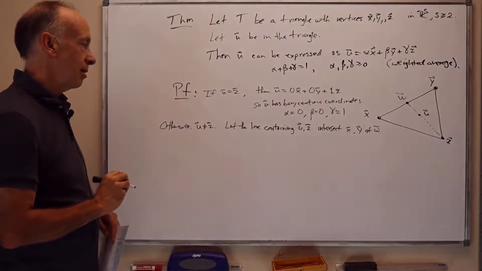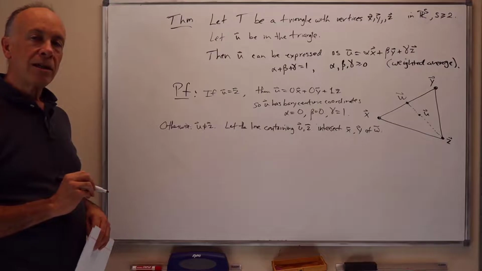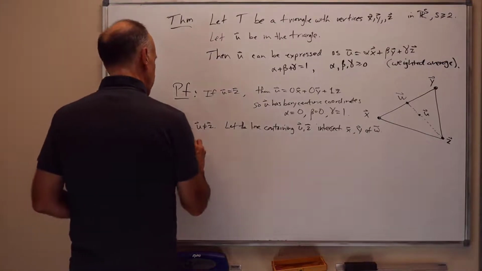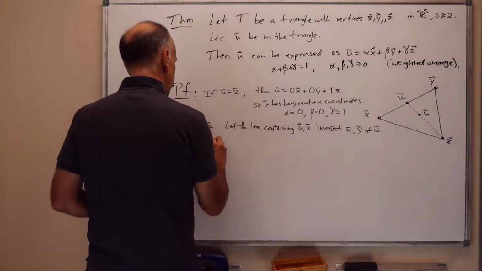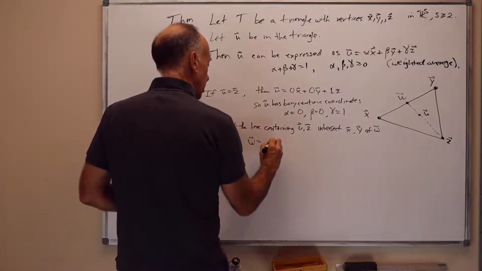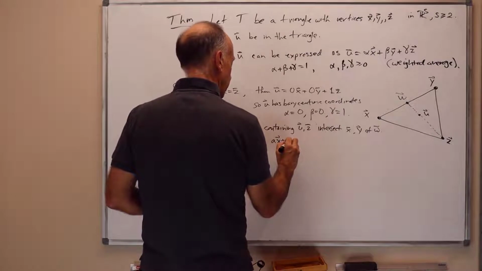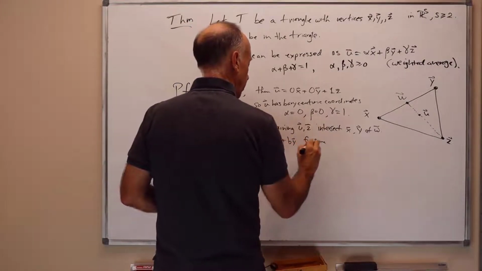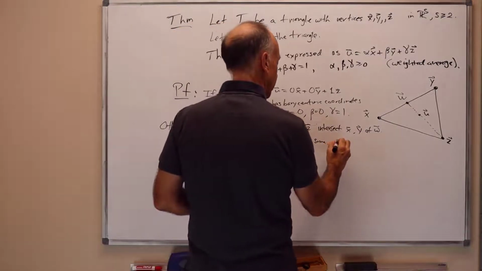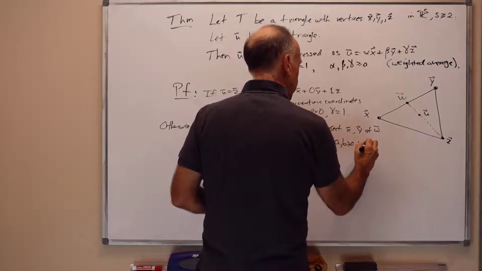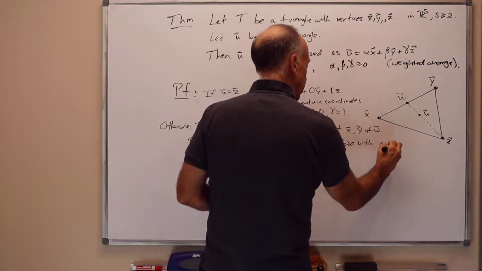Now W lies on the line, and we know that any point on the line joining x and y can be written with linear interpolation. So by lerping, from the previous videos, W equals ax plus by for some weighted average a and b, in particular some a, b greater than or equal to 0, with a plus b equals 1.